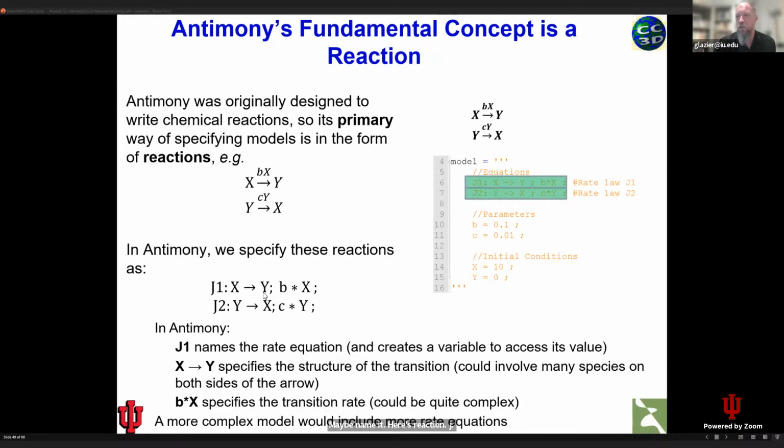X goes to Y, semicolon, b times X, semicolon. So literally, anytime you see an arrow diagram like this, you can instantly type the Antimony syntax for it. That's it. And so every rate equation will generate a string.